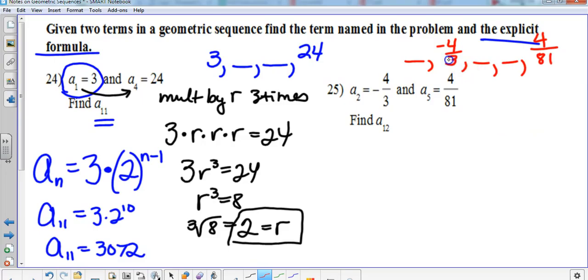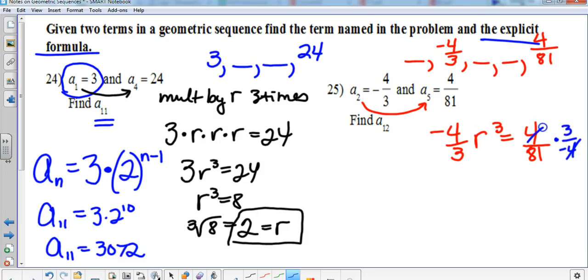So how many times did we multiply from the second term to the fifth term? So negative 4/3 was multiplied by some ratio 3 times and became 4/81. How do you get rid of this? Multiply by the reciprocal, you get negative 1/27.